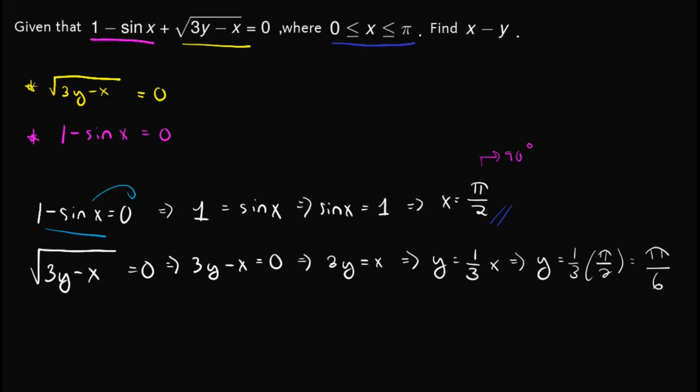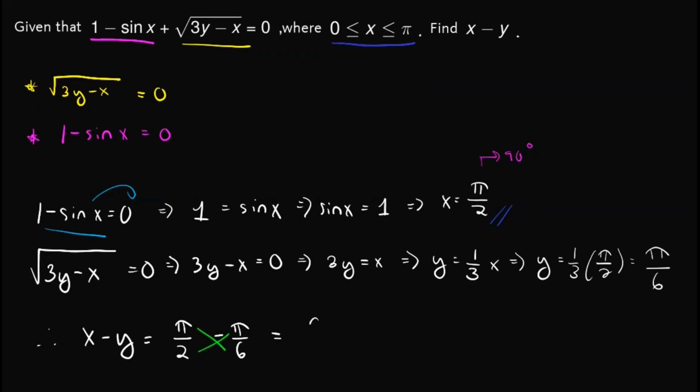And so we can already find x minus y. Therefore, x minus y is equal to pi over 2 minus pi over 6. This is just basic subtraction of fractions, where you could use the butterfly method.